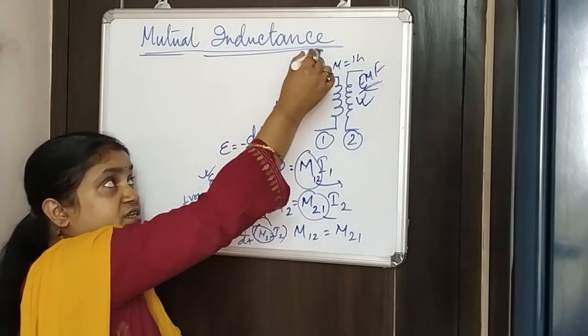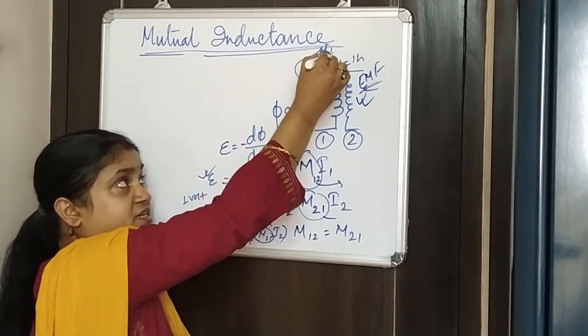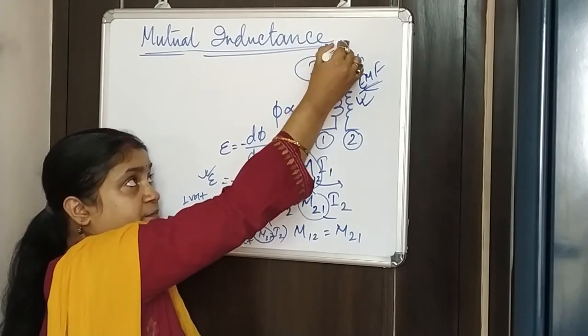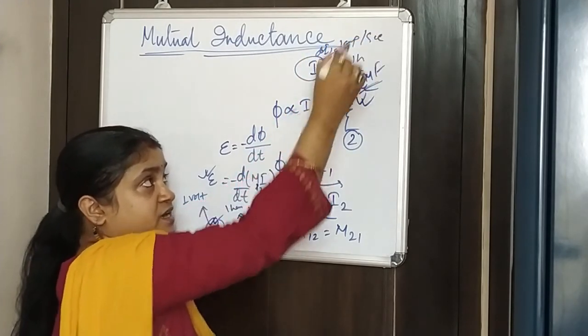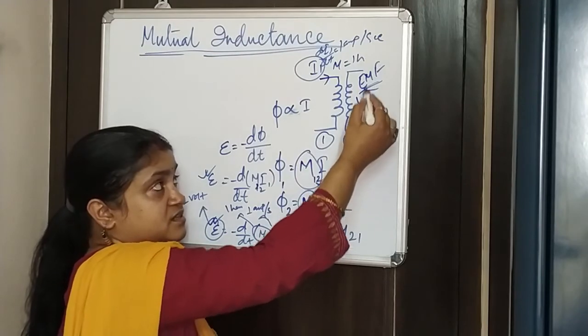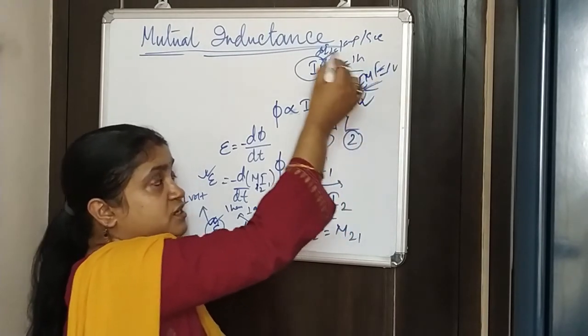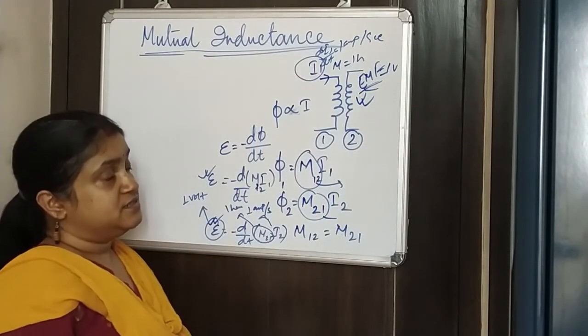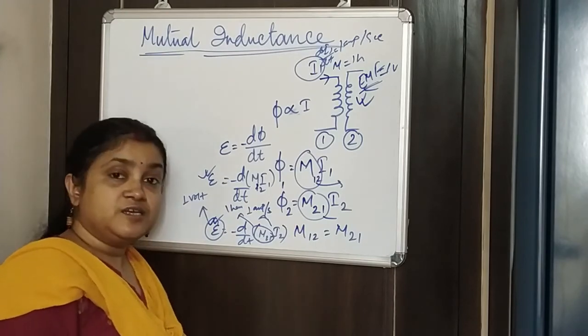If di1 by dt is 1 ampere per second and the EMF produced is 1 volt, then the mutual inductance is 1 Henry.